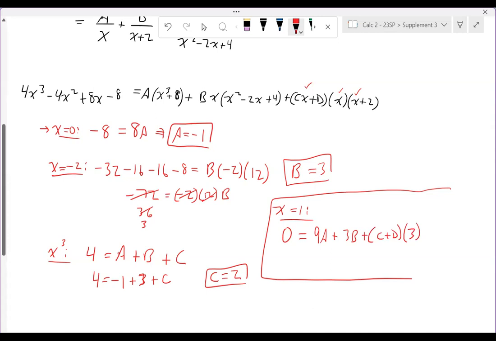And I know that a is -1. I know that b is 3. So I have 0 equals -9 plus 9, so they go away, plus c plus d times 3. So this tells me c equals -d, or d equals -2. So there's my A, B, C, and D.